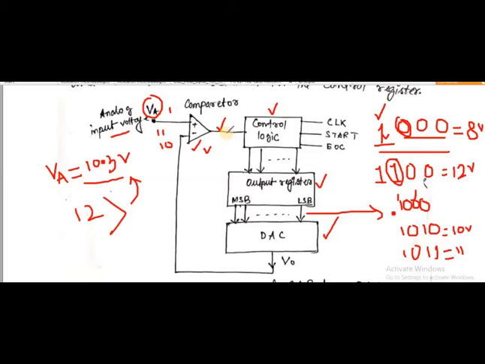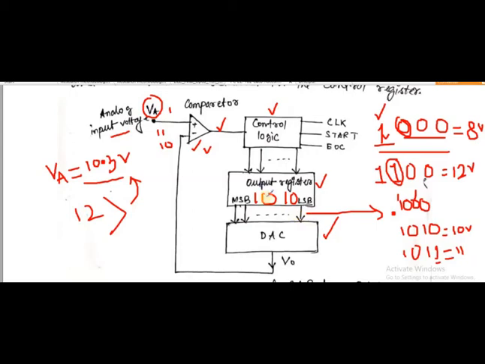Since the comparator output goes low, then according to the concept of this control logic, it is programmed such that the last bit will again be reset to 0. So the content of this output register finally will be 1, 0, 1, 0. Okay.